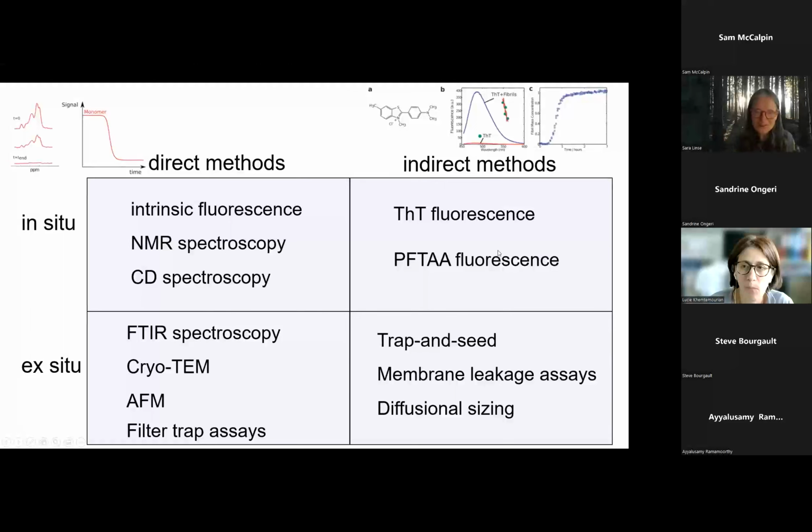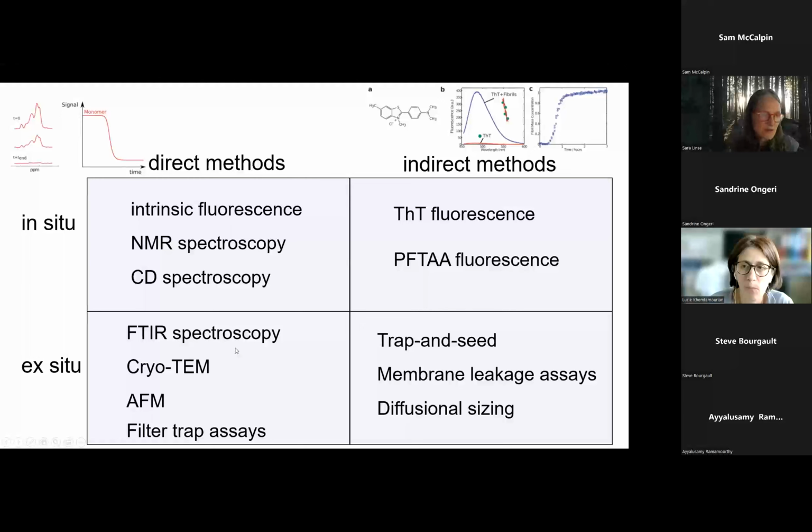So the fluorescence with dyes you can do in the reaction as it progresses, and it is based on the fact that the dyes have a very different spectrum. Often it's a much higher quantum yield when they're bound to a fibril, which is of course linked to the lifetime. Quantum yield is defined as a ratio of the observed and radiative lifetimes.